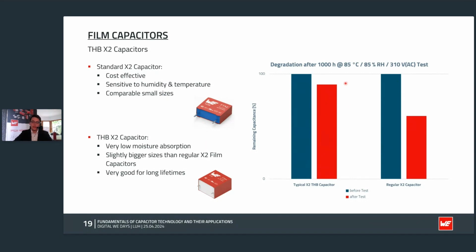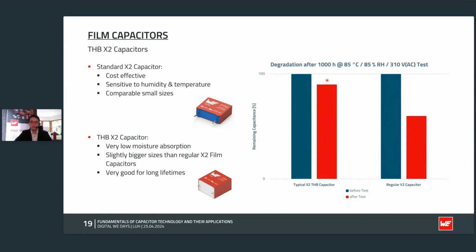And we also show this in a test, the so-called 85-85 test at 300 volts AC after 1000 hours. You can see that the regular capacitors have a fairly big capacitance drop after this test, and the THP X2 capacitors are allowed to have a maximum drop of 10%.